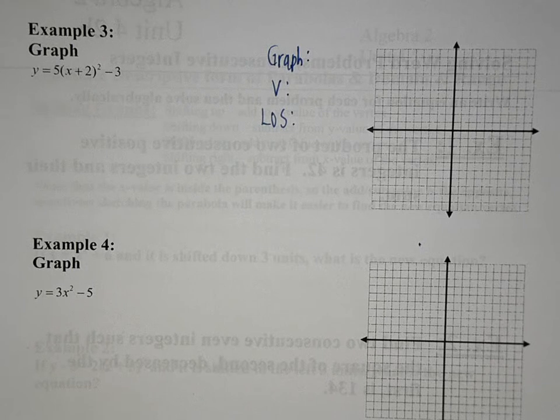You can show me on your whiteboards what your answer is, or I can check a few of you. And then graph. If it's going down, it's going to be a maximum.